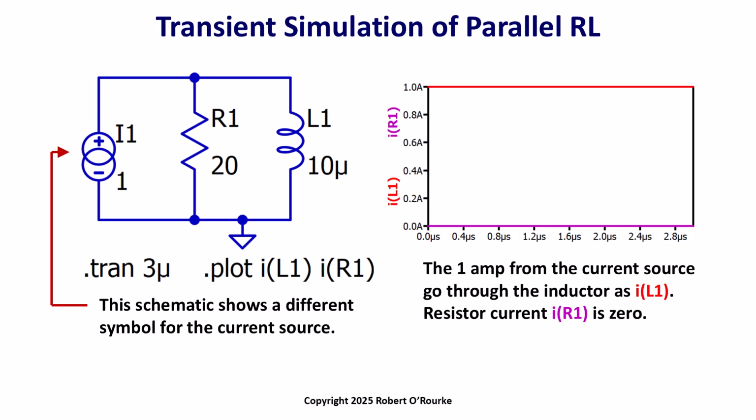We see clearly how the red signal at the top of the graph shows 1 amp inductor current, I of L1. The lavender signal at the bottom shows 0 resistor current, I of R1. These transient values match the DC values for current from the previous DC operating point simulation.